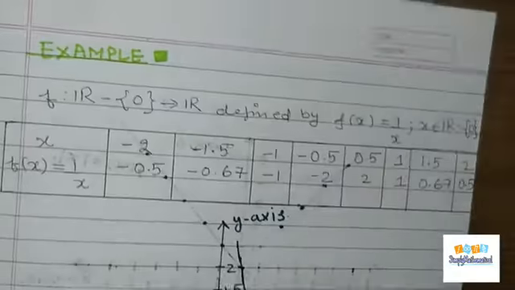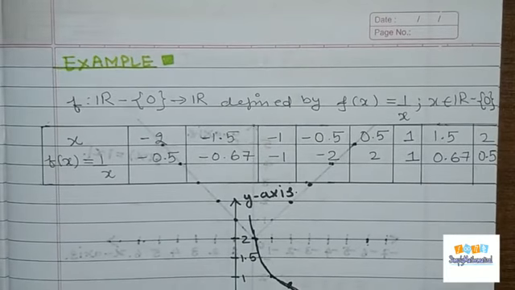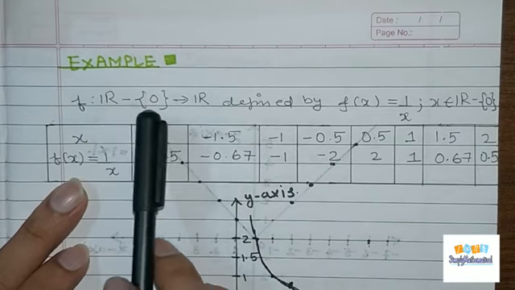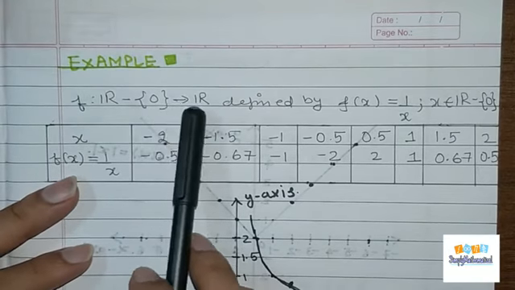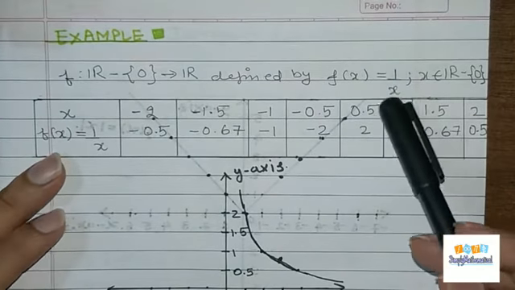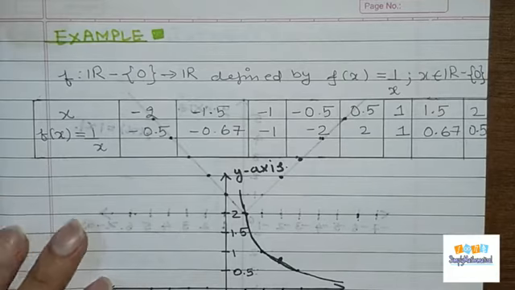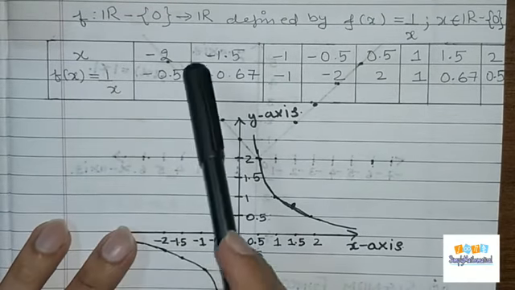Now let us go to the example of the rational function. So you have f from R minus the set {0} to the set of all real numbers defined by f(x) is equal to 1 by x, x belongs to the real numbers minus the set {0}, right. So if you plot the points, what you will get?